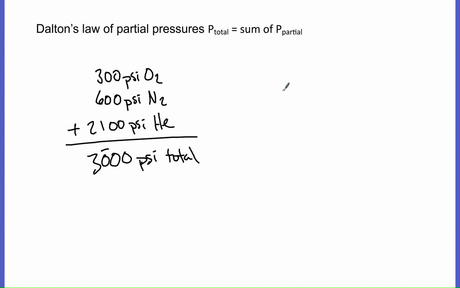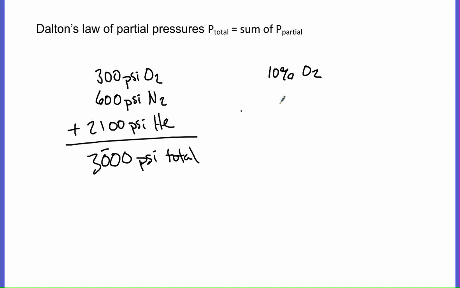Otherwise, this can turn into a percent problem too, right? 300 is 10% of 3,000. So I could have told you that 10% of this tank is oxygen.